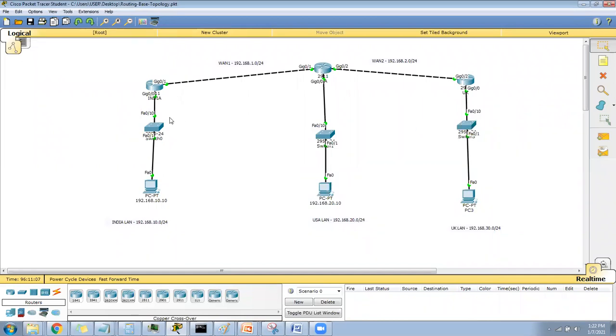Only remember the point. See, a very quick point you need to memorize. What is the main thing in static routing?